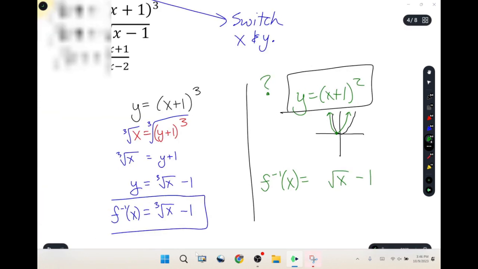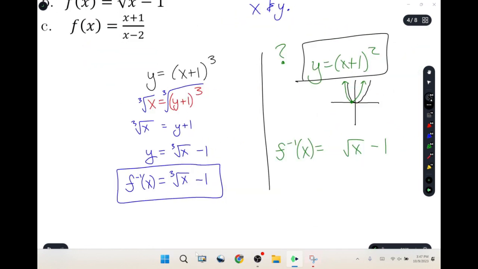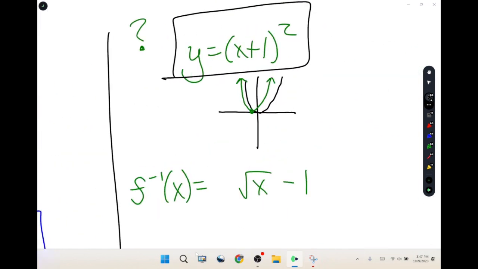So this whole question is asking about inverse, right? And they even give you this keyword right here. But guess what that is not? One-to-one. So right away, even if you think you can get it, you can't. It's not possible. It doesn't have an inverse.